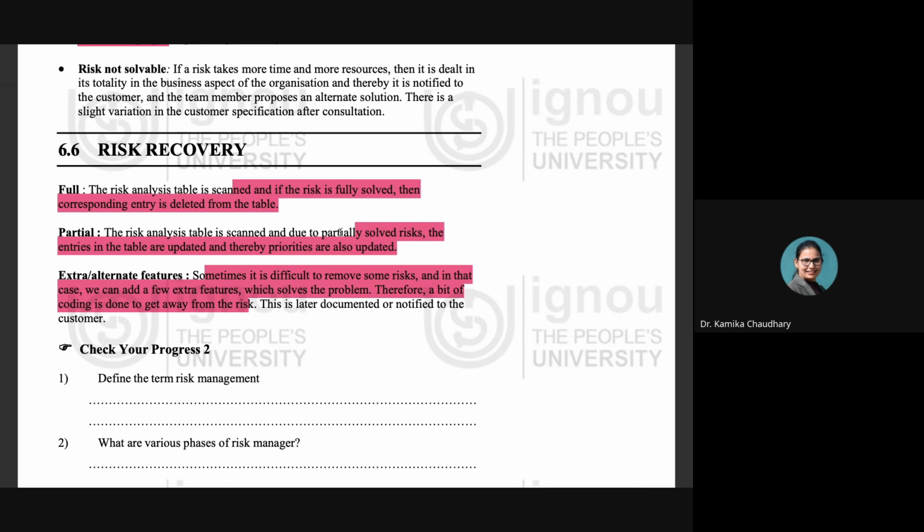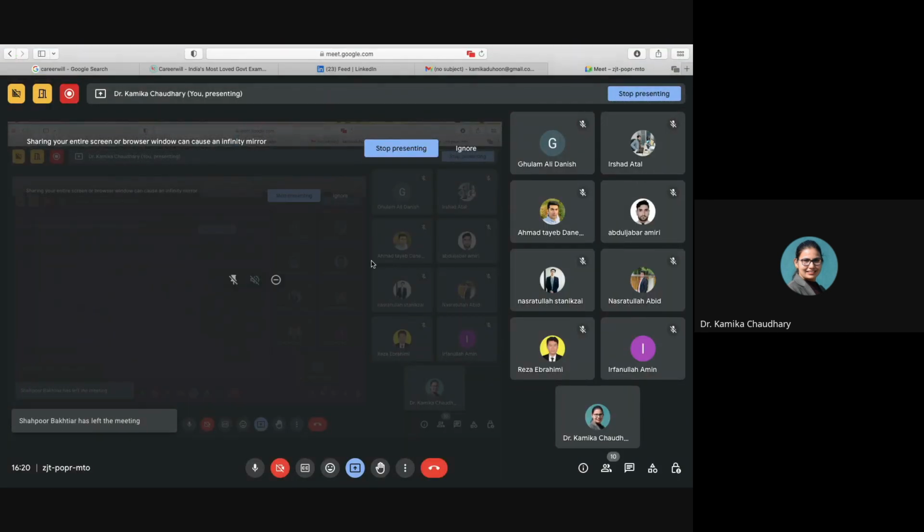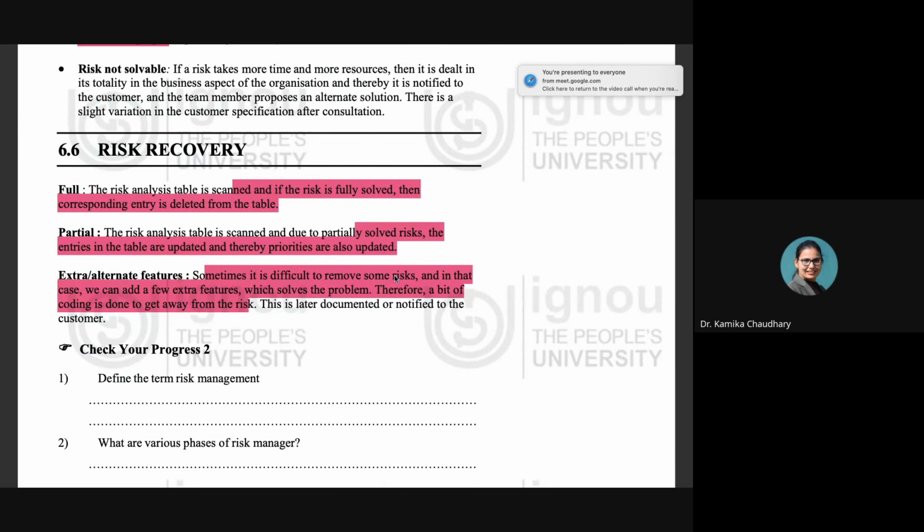Partial means not the entire portion of the risk is solved, but some portion of the risk is solved. So that entry is updated in the table. Extra or alternate features: sometimes it is difficult to remove some of the risks, and in that situation we can add a few extra features which solve the particular problem. Therefore a bit of coding is done to get away from the risk. This is later documented or notified to the customer.